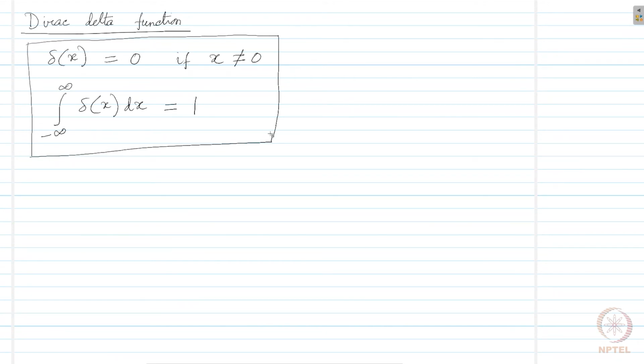Only the integral gives us 1, that does not mean that the function itself becomes 1. So, what should be the value of the function? If we want to represent it graphically, it should look something like this: if this is the x axis and this is the function axis, and x is 0 here, then the function would have a singularity at x equals 0.